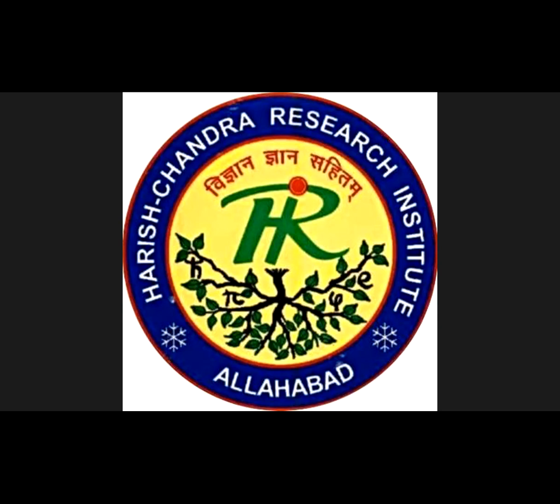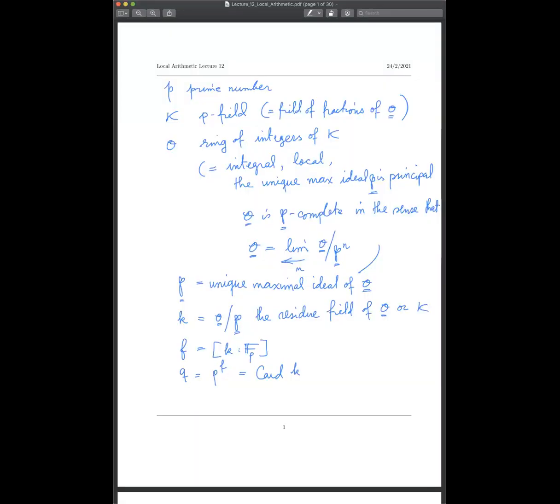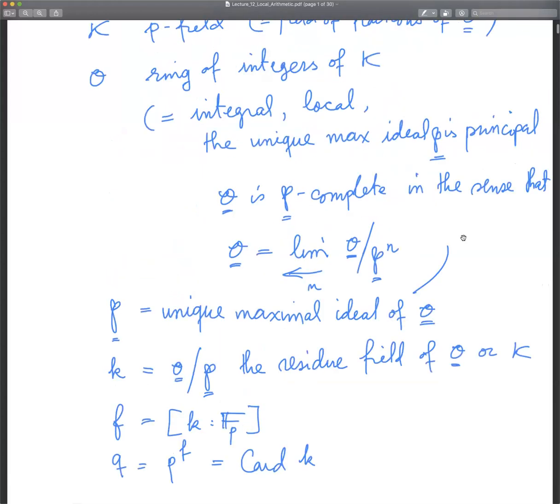So I have to share this one now. So I'm sorry, there seems to be some, okay, it is connected or, yeah, it's connected.